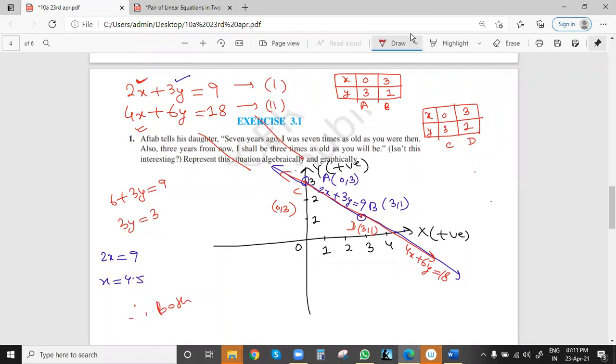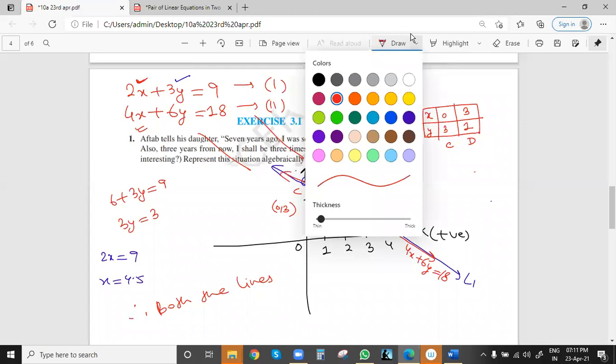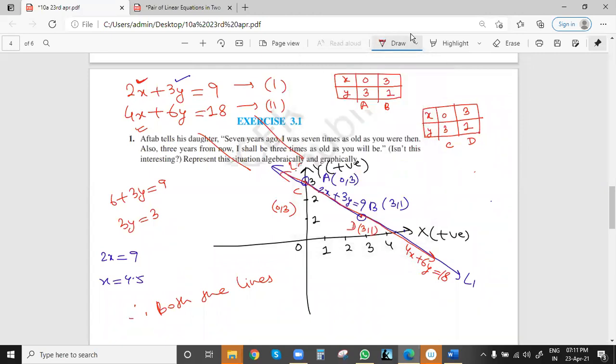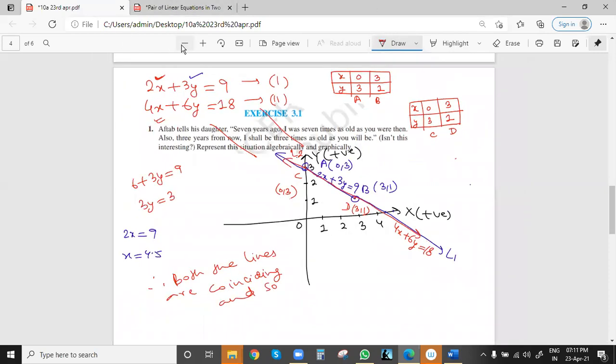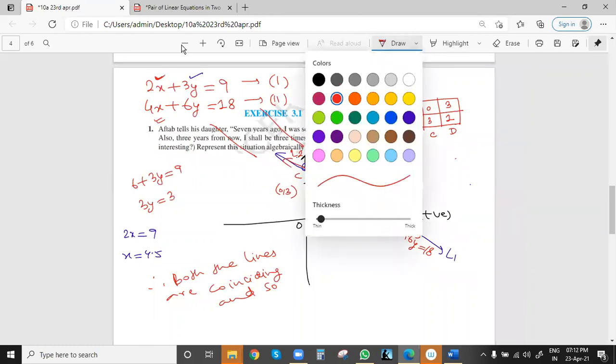Hence we can say this is line 1 from the first equation, and line 2 in red. So both the lines are coinciding. And hence there are infinitely many solutions, because all the points will be matching only.